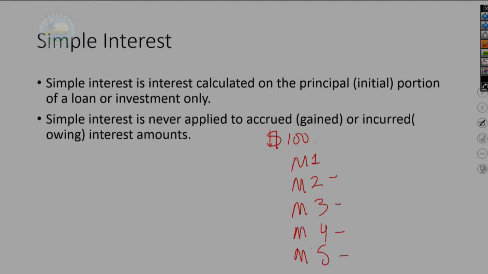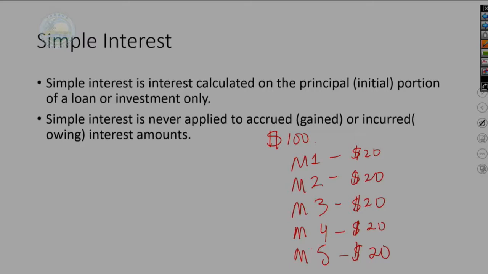Now, that's simple, right? If you have $100 and you're going to pay it back in 5 months, well, that's easy, I pay $20 a month. All we had to pay is $20 a month. That's if there was no such thing as interest.